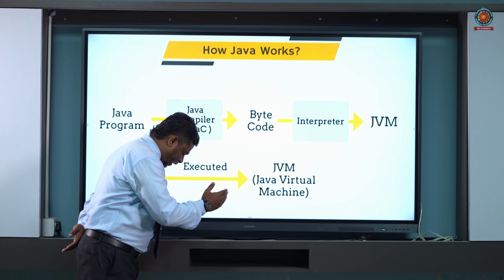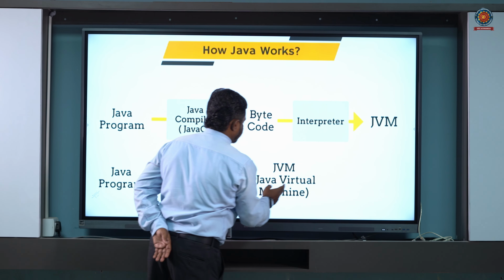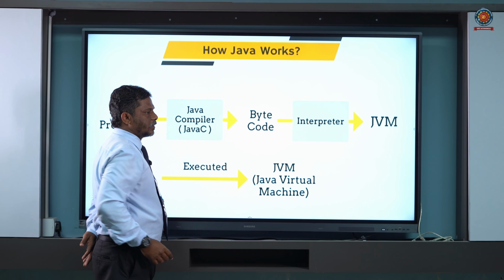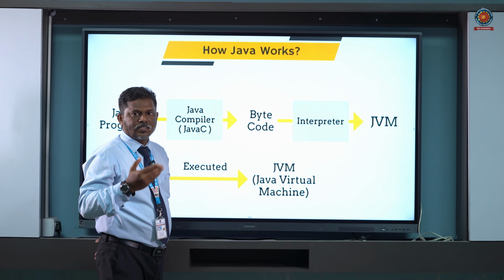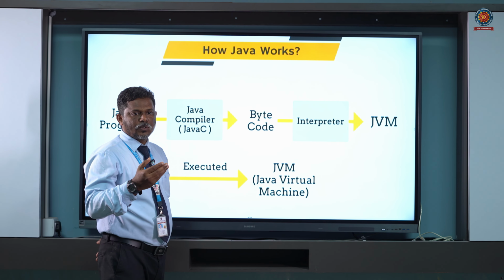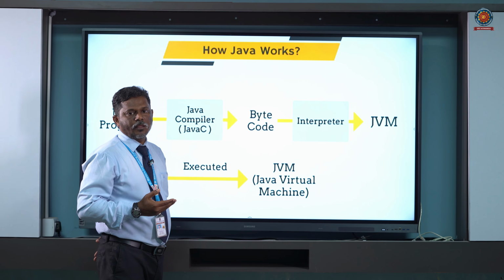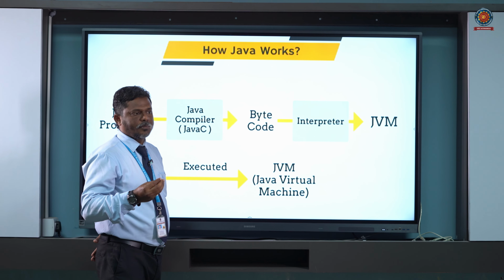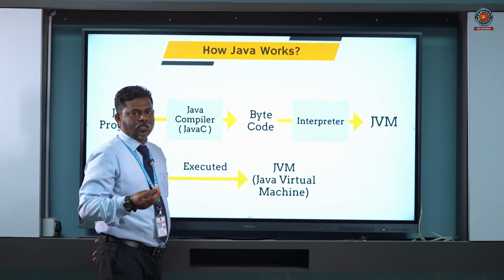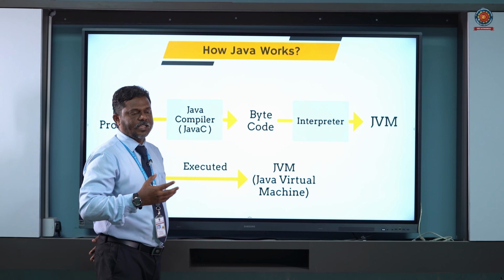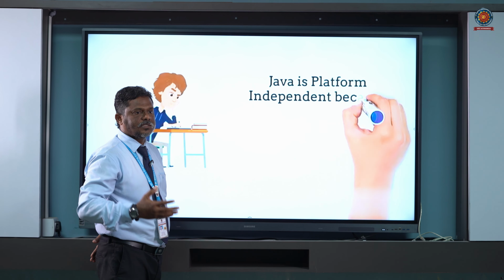Once the bytecode is generated, the JVM will understand and execute it. You have to understand that in C programming, the machine code is created by the operating system, but in Java programming, the machine code is created by the JVM, Java Virtual Machine. The Java Virtual Machine will take care of those things, so it will run on all operating systems.